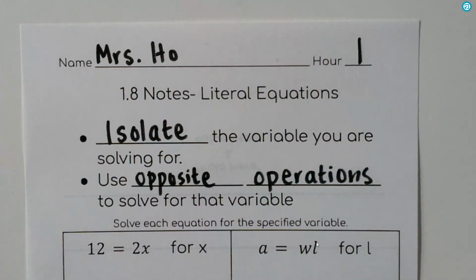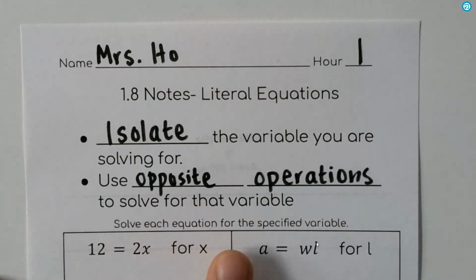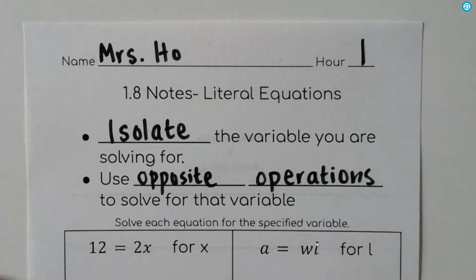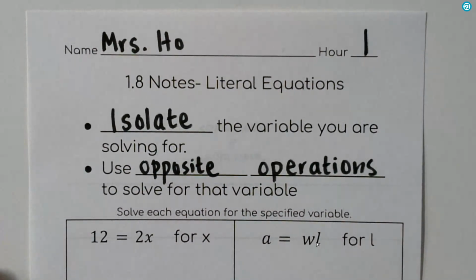Okay. So our instructions for literal equations are to solve each equation for the specified variable, the specific variable we're asking you to solve for. We have our notes and our assignment organized side by side.